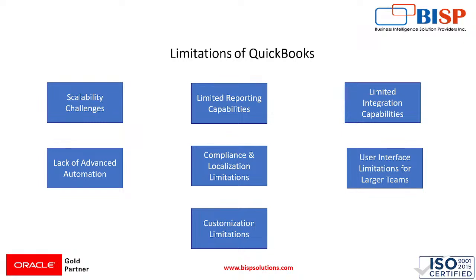But Oracle Fusion supports multinational business, so it can handle more complex, comprehensive support of tax rules and multi-currency operations. Then comes the customization limitation. QuickBooks is less flexible when it comes to tailoring workflows, reports, and financial processes, as compared to Oracle Fusion, which offers greater configurability for different business needs.